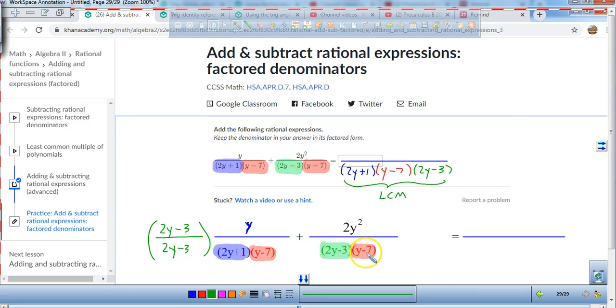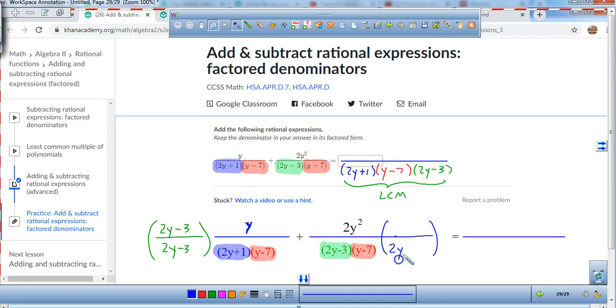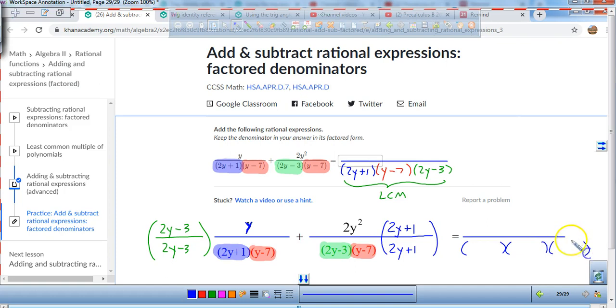Over here we have the green and the red, but we don't have the blue, so we're going to multiply everything over here by 2y plus 1 over 2y plus 1. Now we have the least common multiple as our denominator, which is all of those multiplied together. But the cool thing is we get to leave it in factored form. We don't have to multiply everything out.